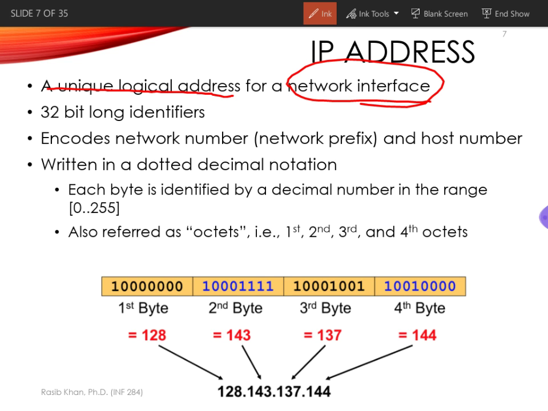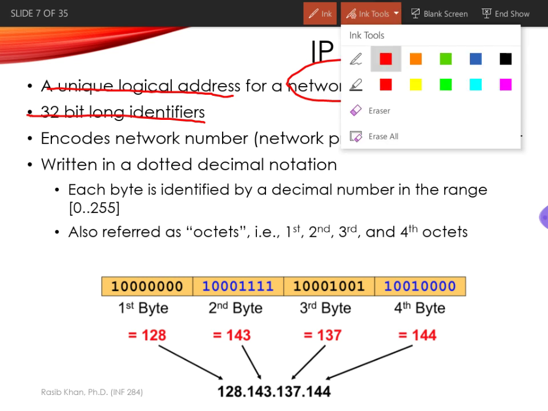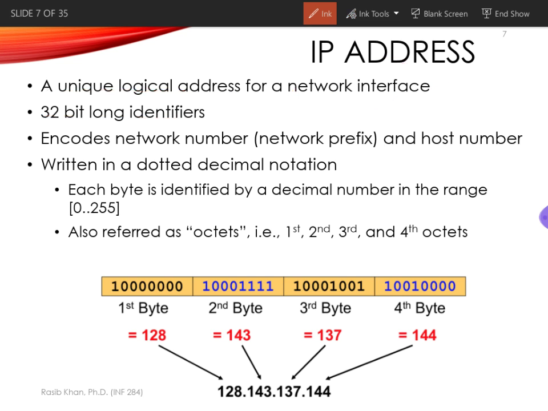An IP address is expressed with a 32-bit identifier. And what it does is that it incorporates two parts into this 32-bit long address. The first part is what we call the network prefix or the network ID. And the second part is the host number.